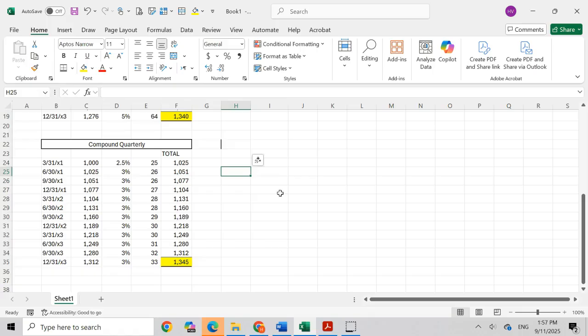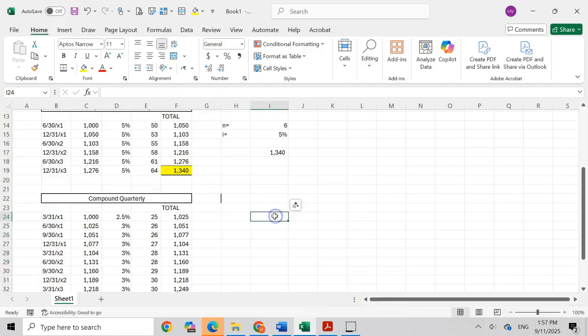That's what the question would be. So compounding quarterly means 4 times a year. So let's say we invested on January 1, we would compound on March 31, June 30th, September 30th, and December 31st of each year for the next 3 years. So my compounding periods is 12. So my n equals 12 in this situation.